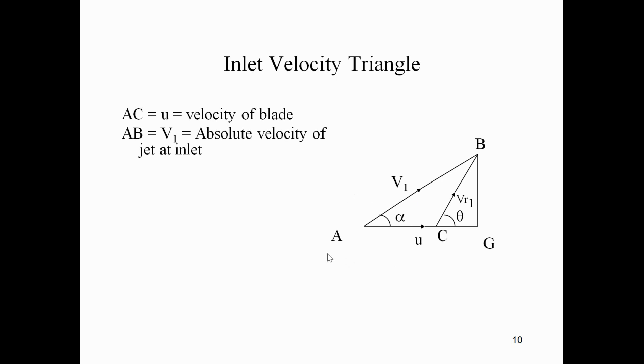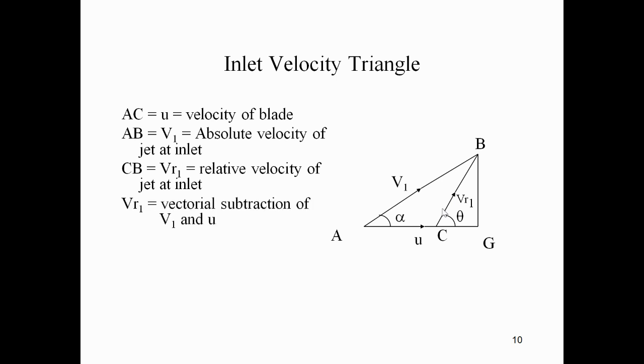Next, CB equals Vr1. This Vr1 is called the relative velocity, the relative velocity of the jet at inlet.